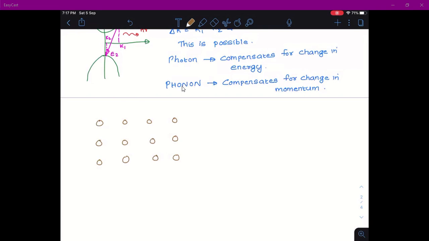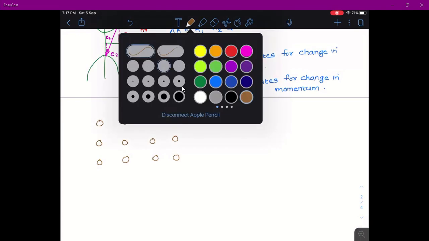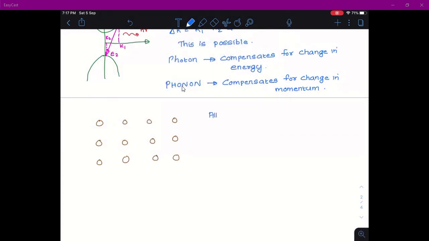And because it is not at 0 Kelvin, all the atoms will be in a state of vibration because of thermal energy.